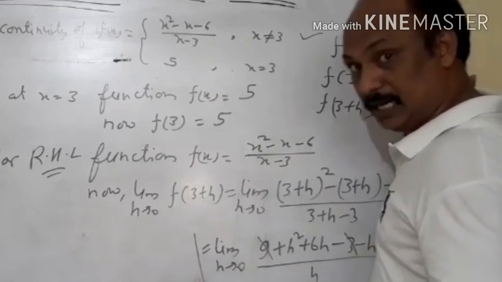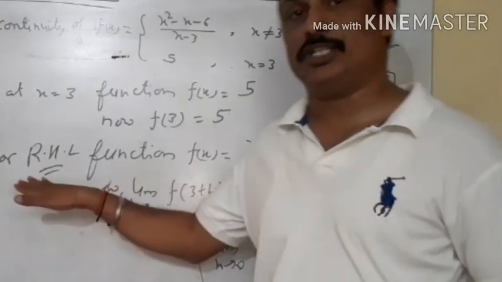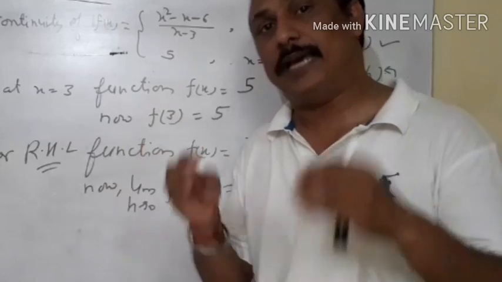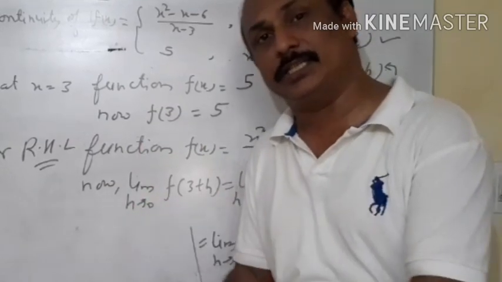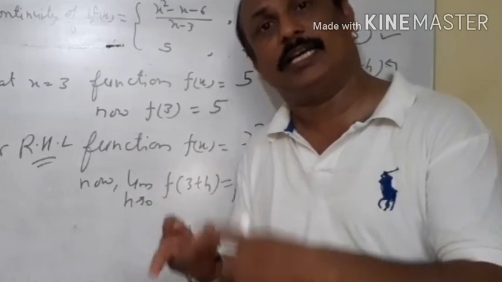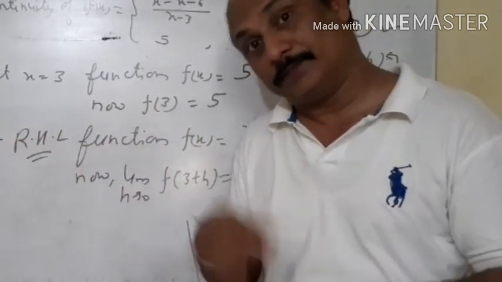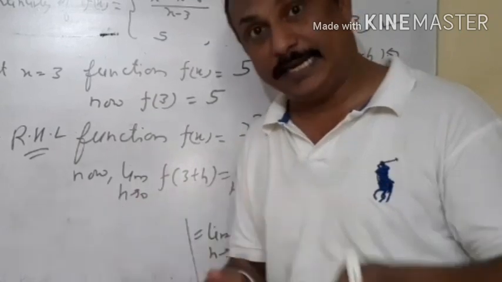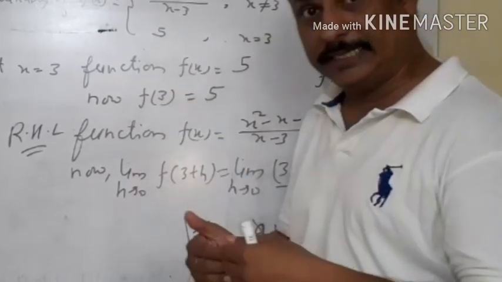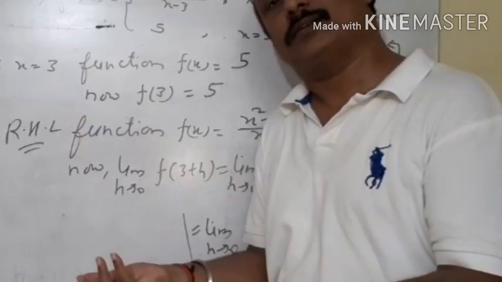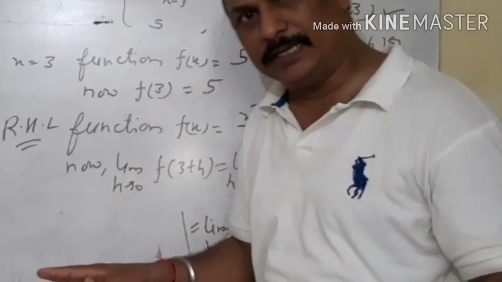Okay. Now we can solve any one of the 3 conditions: LHL, RHL and at the point. In the previous question I took LHL first, and in this question I take at the point first. It doesn't matter.